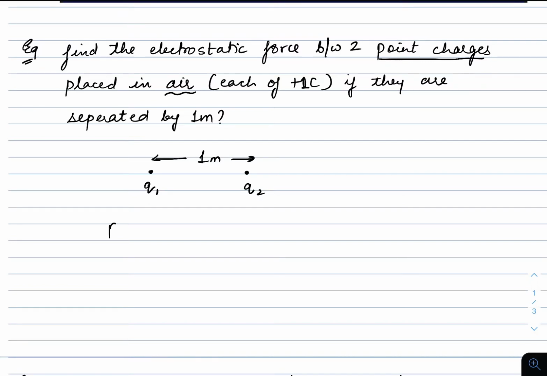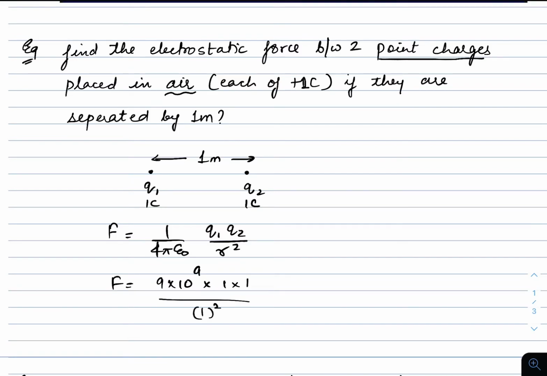So the value of force is what? 1 by 4 pi epsilon naught q1 q2 divided by r square. So if I keep the values, it is 9 into 10 to the power 9, plus 1 in q1 is also given plus 1, and q2 is also 1 coulomb. It is 1 into 1 upon 1 square, right?